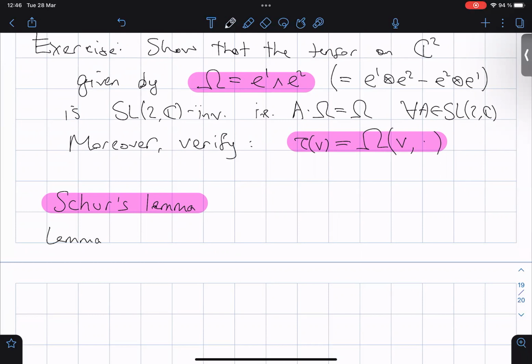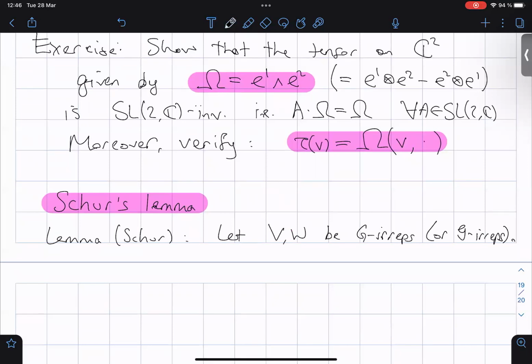So let me state the lemma. Let's take G irreps, or at the Lie algebra level, that's fine as well.